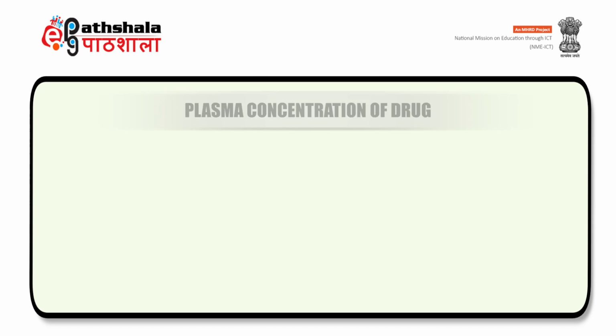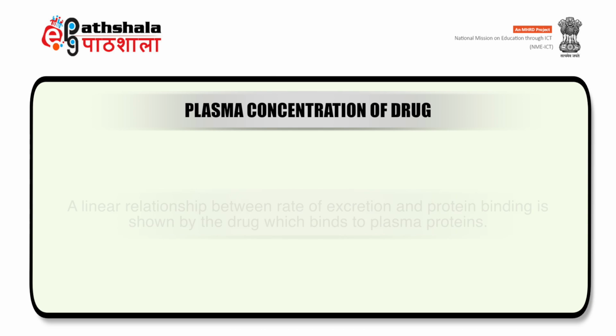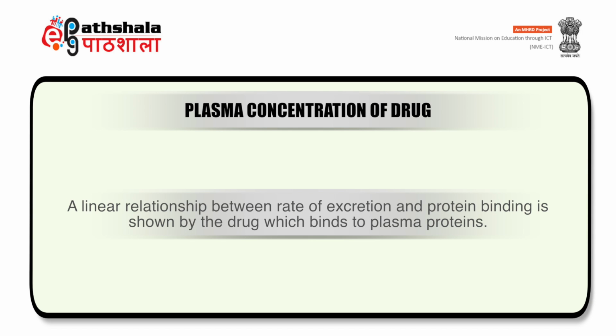The next factor was the plasma concentration of the drug. Plasma drug concentration directly affects glomerular filtration and reabsorption, as both are passive processes. A linear relationship between the rate of excretion and protein binding is shown by a drug which binds to plasma protein.